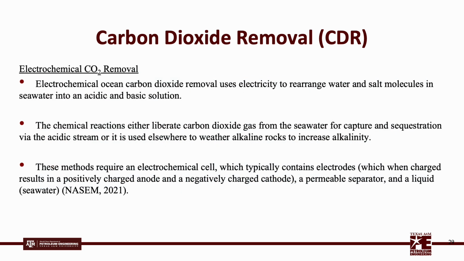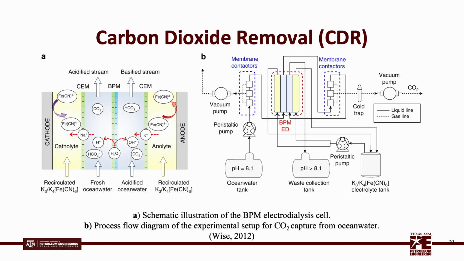Electrochemical CO2 removal uses electricity to rearrange water and salt molecules in seawater into an acidic and basic solution. Negative impacts to the ocean ecosystem and environmental impacts would ensue due to the industrial inputs and outputs of an electrochemical facility.